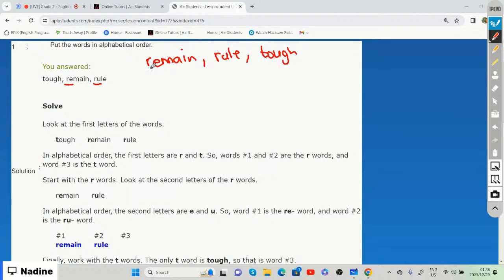And as you can see, these two words start with an R, so we need to look at the second letter. So remember, we need to look at the second letter if the first letters are the same.